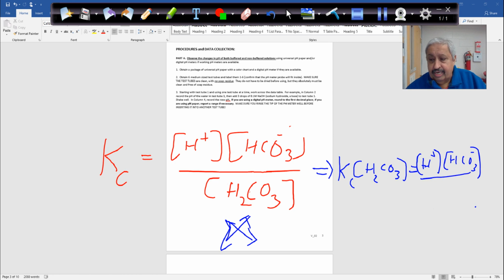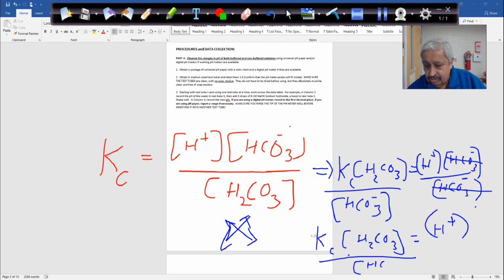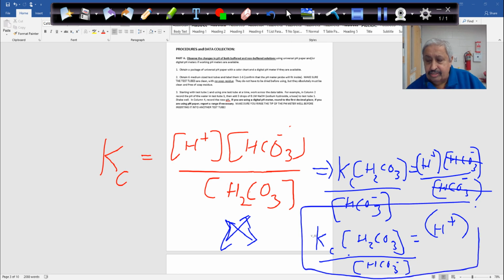So divide both sides by HCO3 minus, so this cancels with this. The H plus concentration is equal to Kc times H2CO3 over HCO3 minus. Now this is your H plus.